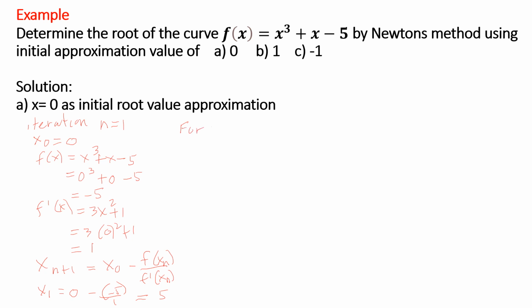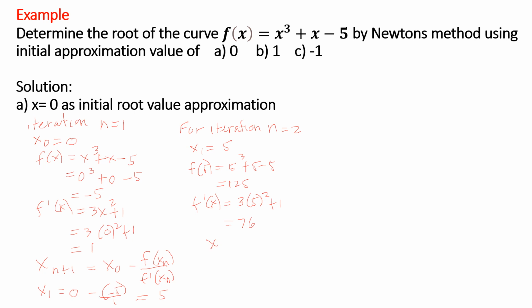For iteration n equals 2, x1 equals 5. f of 5 equals 5 cubed plus 5 minus 5 equals 125. f prime of x equals 3 times 5 squared plus 1 equals 76.